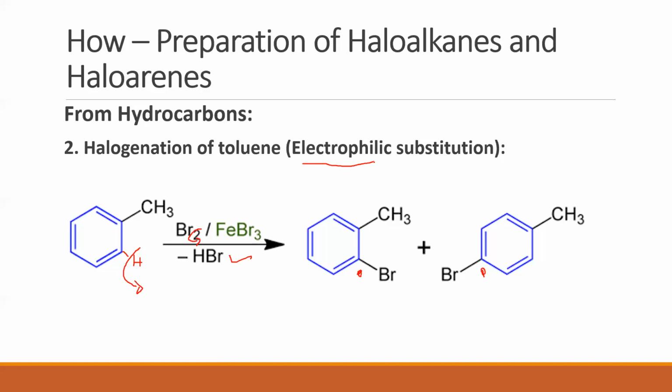This is also electrophilic substitution where we replace hydrogen which is attached to benzene. So this is the second method involving hydrocarbons, halogenation of toluene, giving us haloarenes. Clear?